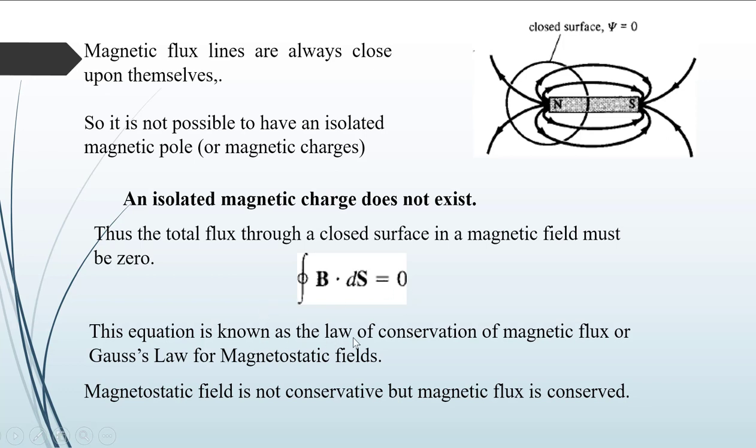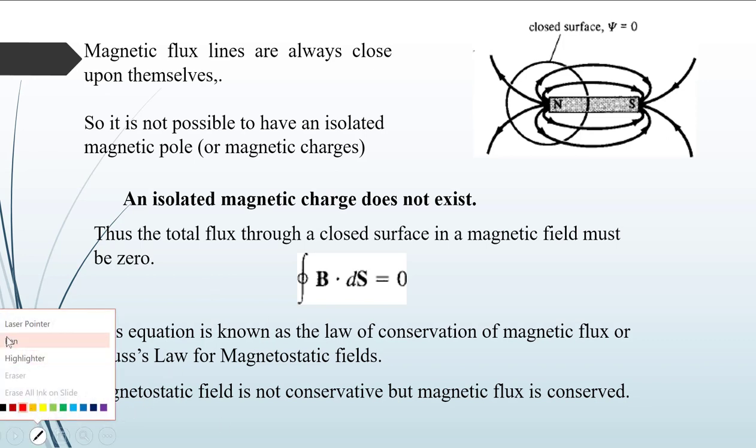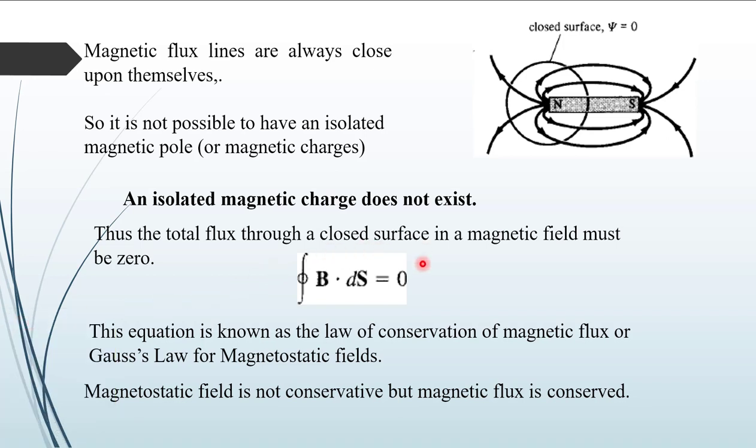This equation is also known as the law of conservation of magnetic flux, or Gauss law for magnetostatic fields. You have to remember this Gauss law for magnetostatic field: closed integration of B bar dot dS bar is equal to 0. We are going to use this equation in the Maxwell's equations chapter.